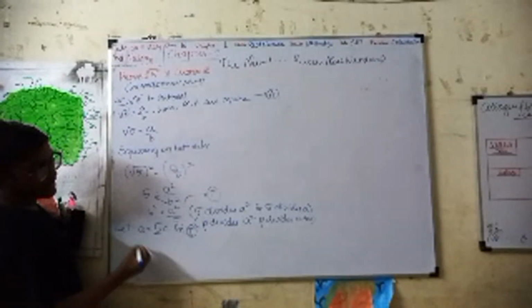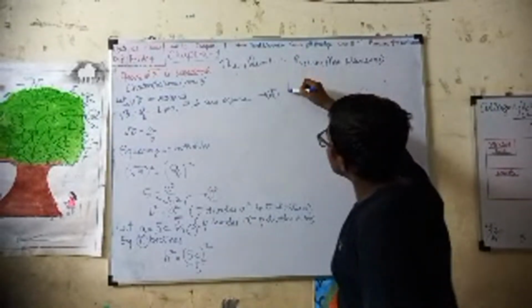So equation 1 becomes, substitute this, b square equals, in place of a we are substituting, so 5c the whole square by 5.